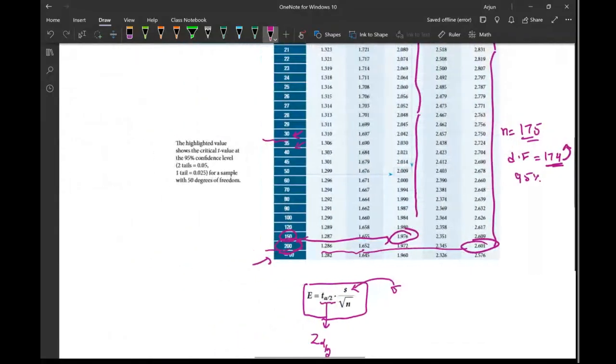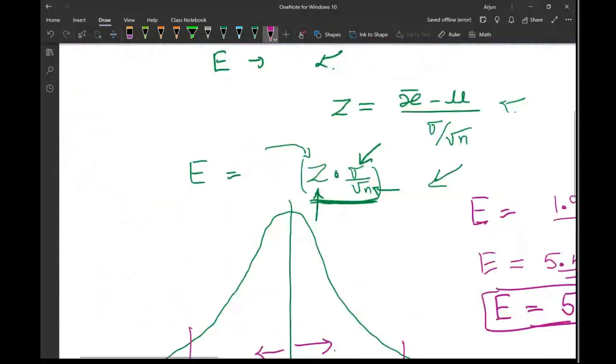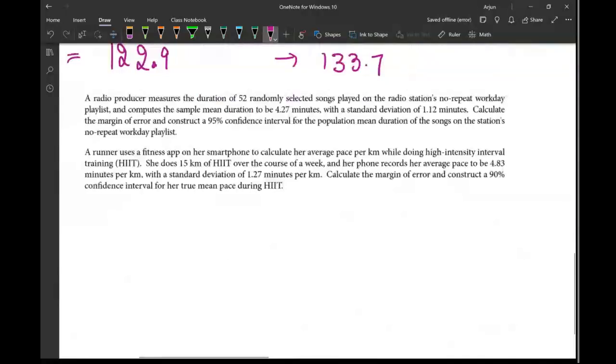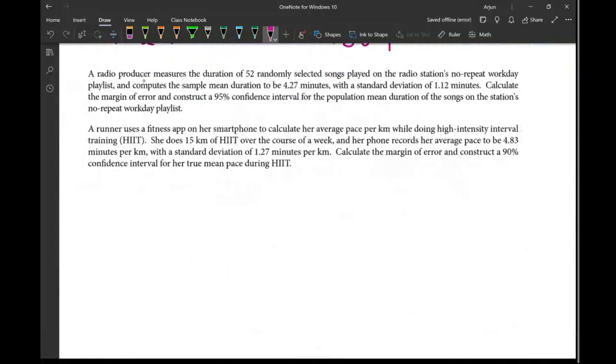Now, based on whatever we've learned, we're going to try and solve a question on the t distribution. So this is how the t distribution question is going to look. A radio producer measures the duration of 52 randomly selected songs played on the radio station, no repeat workday playlist, and computes the sample mean duration of 4.27 minutes with the standard deviation of 1.12 minutes.